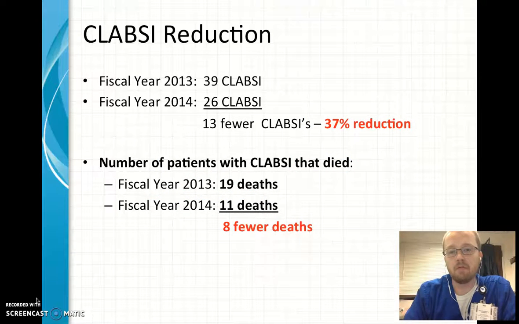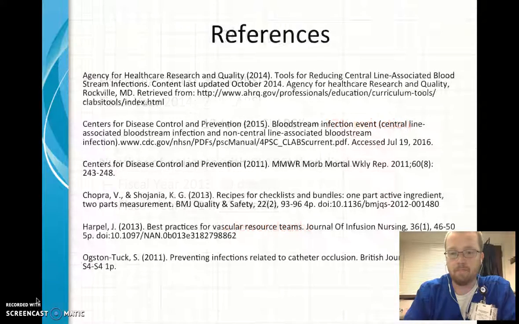And here's just the numbers from that chart that show a 37% reduction from fiscal year 2013 to fiscal year 2014, which ultimately resulted in 8 fewer deaths related to CLABSI.